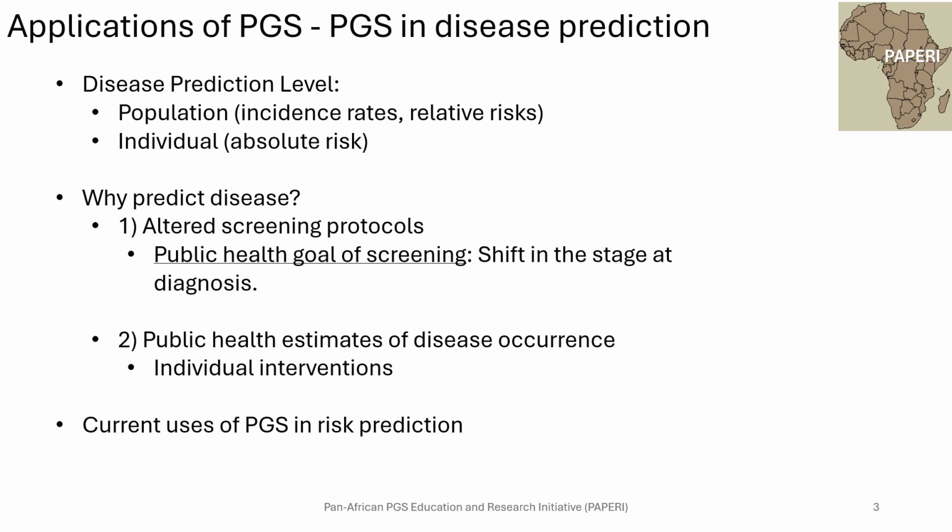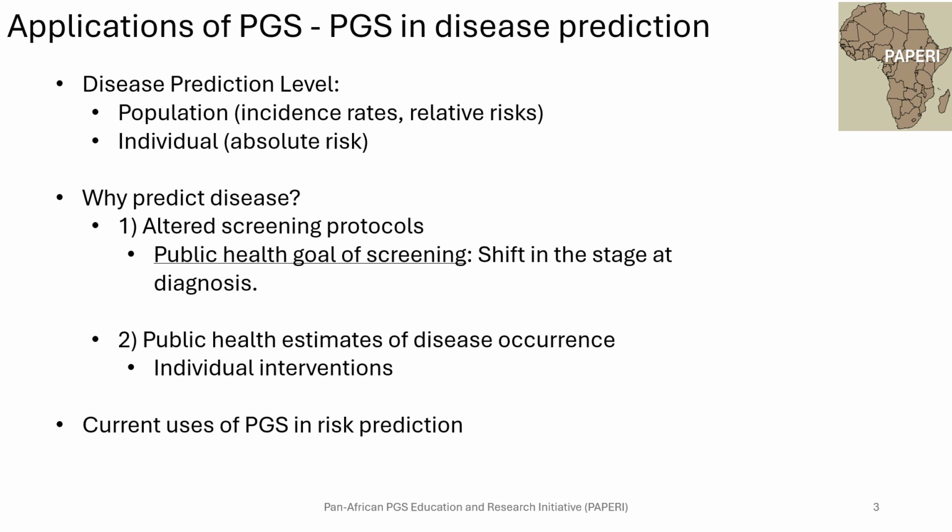The first one is possibly altering screening protocols for cancer screening, and these may be screening protocols that already exist, such as, let's say, colorectal cancer screening every 5 years for individuals over 50 years old, or prostate cancer screening or breast cancer screening. Or it could be the introduction of screening among high polygenic risk individuals, where the screening didn't otherwise normally exist.